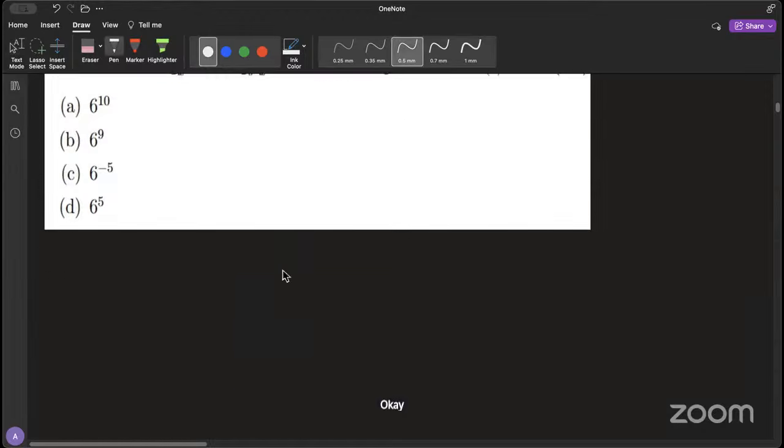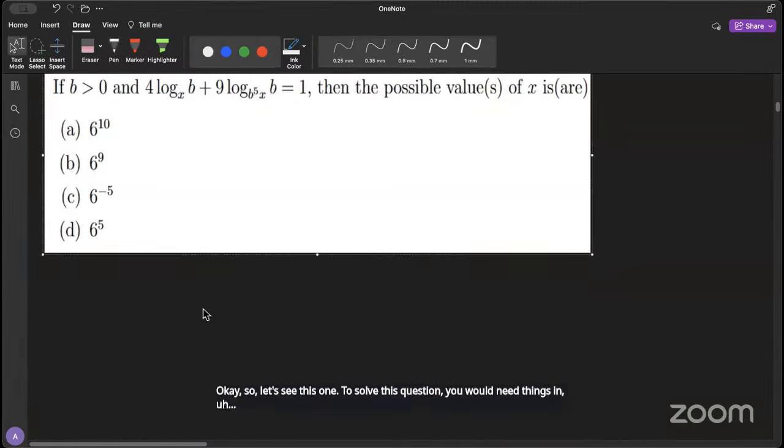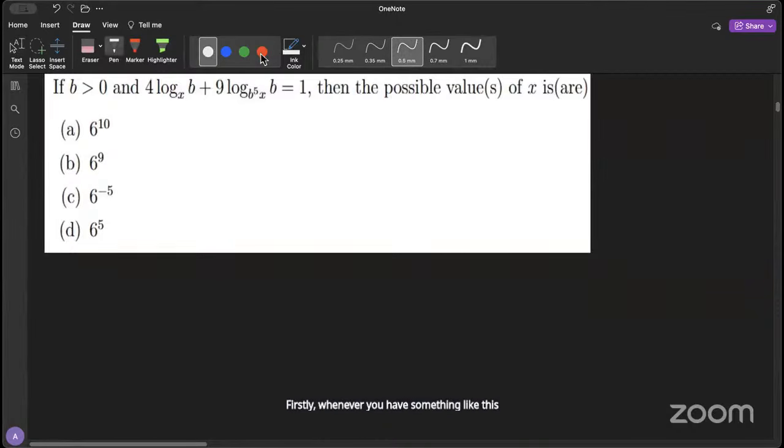Okay, so let's see this one. To solve this question, firstly, whenever you have something like this, it's always ideal to have this in the argument and this as the base. So we'll interchange these things first.